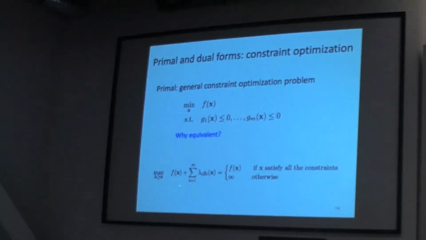This is a linear function with respect to lambda 1, lambda 1 times a positive factor. Now, if I want to maximize this whole function, I can choose lambda 1 to be as large as possible. I need to choose lambda 1 to be infinity. Why? Because I maximize this function, and if I choose lambda 1 to be infinity with g1(x) positive, the whole product becomes infinity, and this maximization will give you infinity.